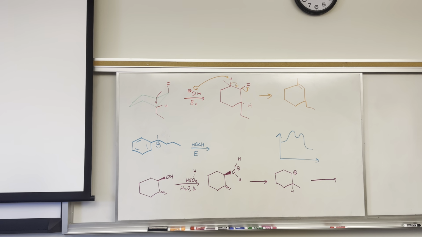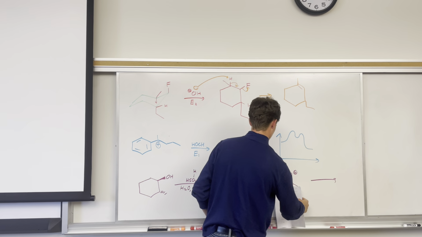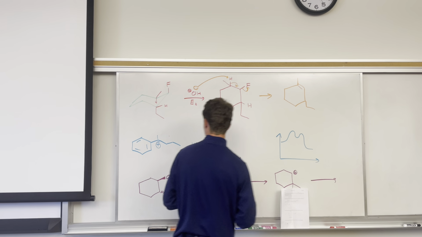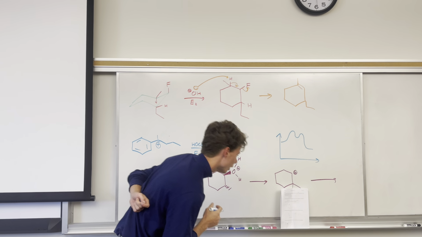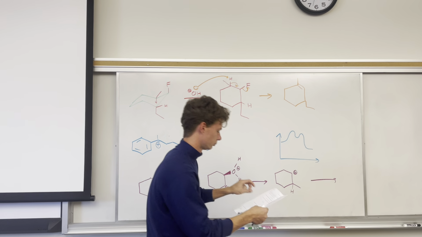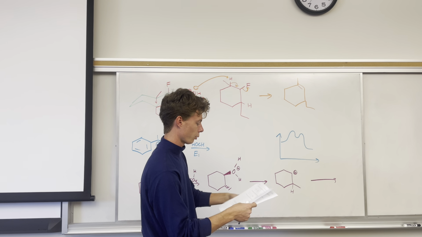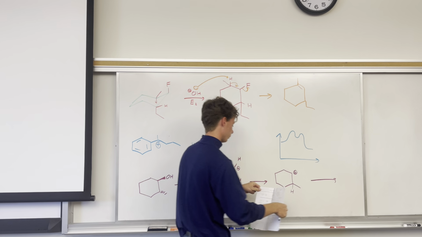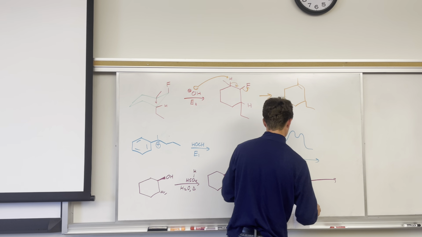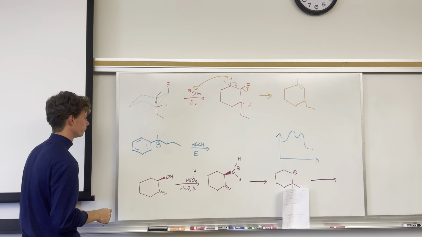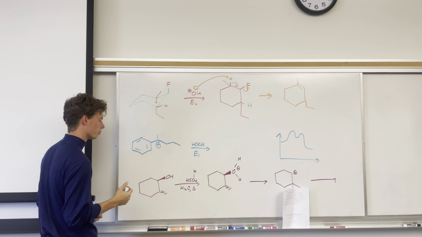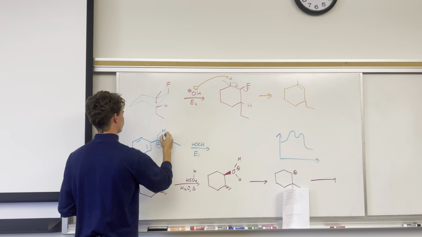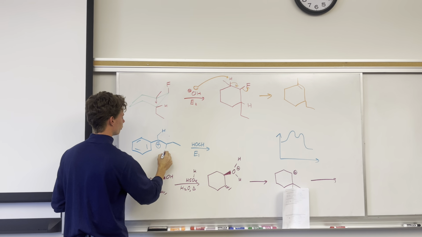All right. Then we have our base that can come in and go ahead and take a beta hydrogen. It just says draw the products of the following E1 reaction. Okay. I suppose you can get a double bond up there. So if we're going to draw all the products, we could take a beta hydrogen from up there, or we could take a beta hydrogen from down there.